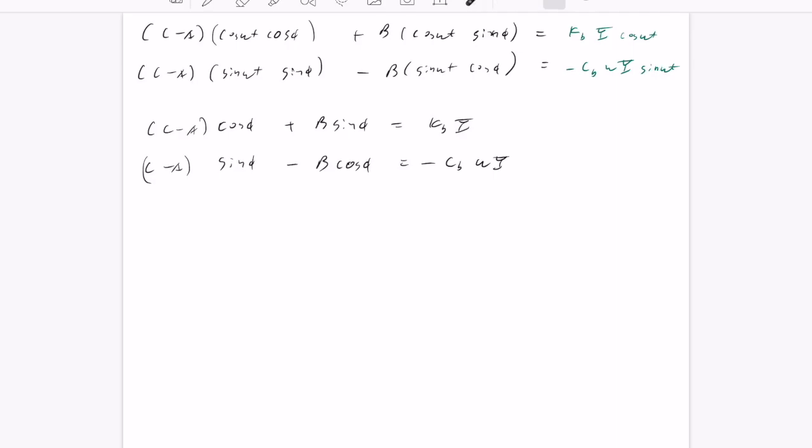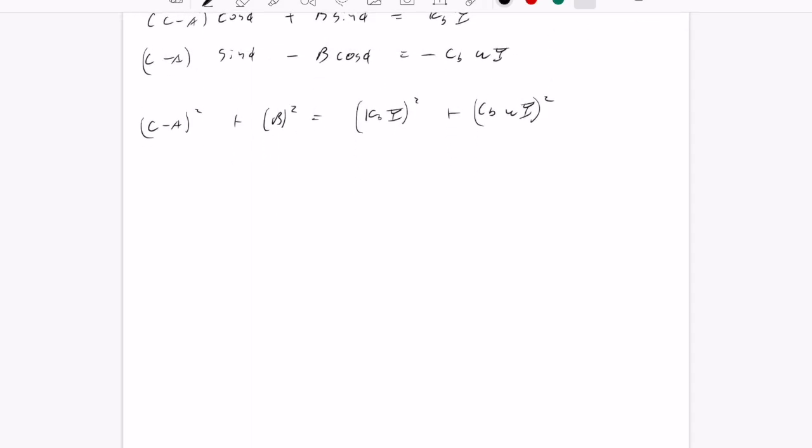And we're going to square these and add them together, and it's just like before. We end up with C minus A squared plus B squared is equal to KB y squared plus CB omega y squared, okay?